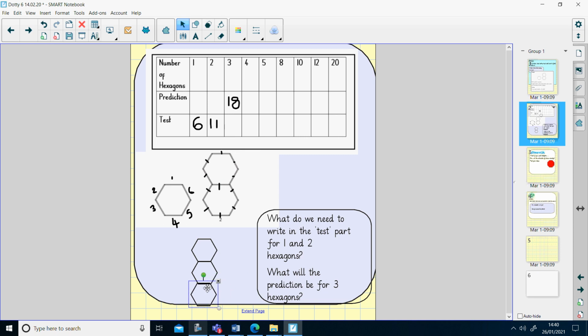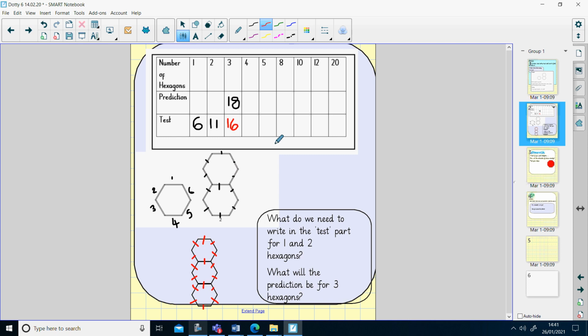Okay, so I think that to make this pattern I would need 18 straws. Let's count. 1, 2, 3, 4, 5, 6, 7, 8, 9, 10, 11, 12, 13, 14, 15, 16. So I was close, but actually the number of straws that I need is 16.